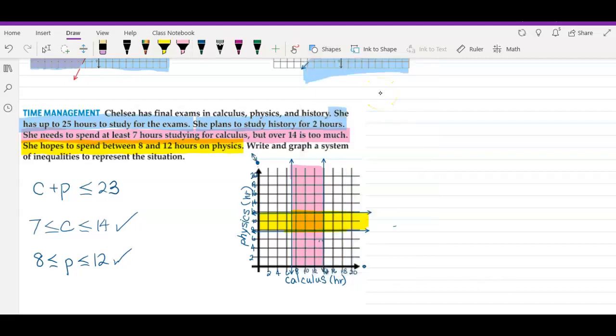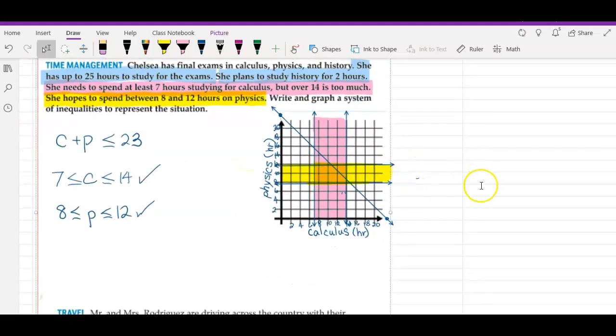That's the easiest way to graph that next one because it has both variables. So we get our line on there. It is a solid line still. And I would shade below this line because 0, 0 is less than or equal to 23.